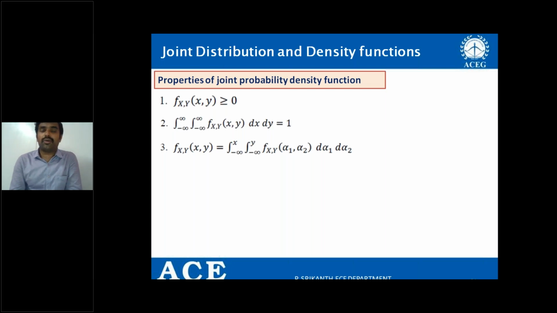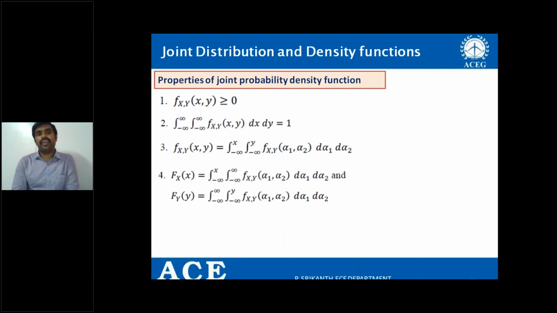Third property: you can derive the distribution function from the density function. How do you define the distribution function from the density function? Capital F_{X,Y}(x,y) equals integral from minus infinity to x, integral from minus infinity to y, of f_{X,Y}(α1, α2) dα1 dα2, where α1 and α2 are temporary variables. It is not small f, that is just a printing mistake.